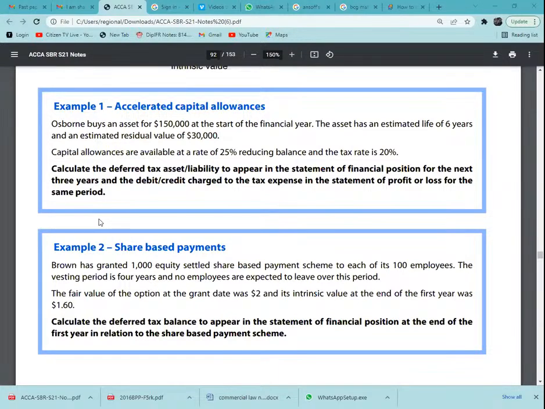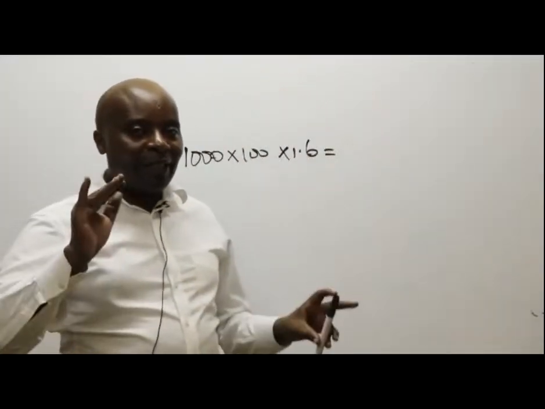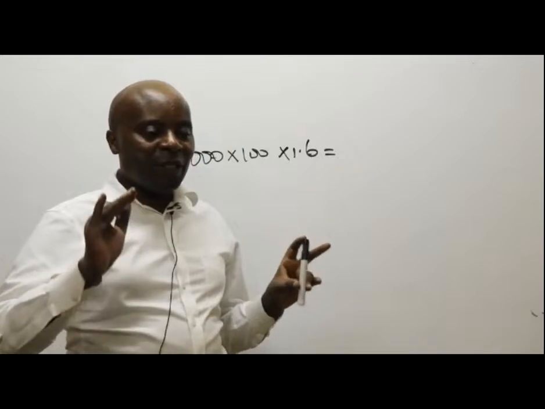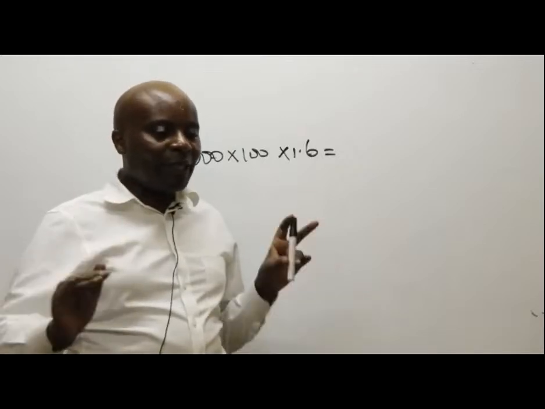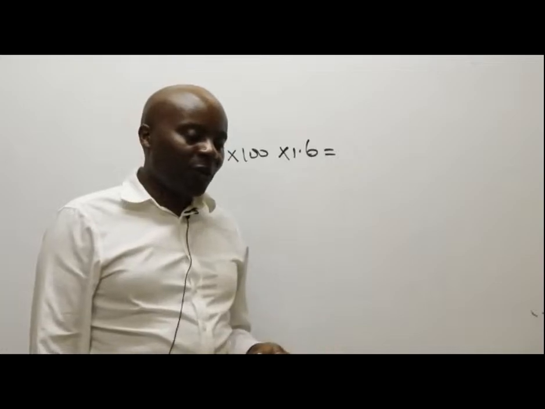In this case the value is supposed to be 1.6. Remember, whenever you see fair value vis-a-vis intrinsic value, always make use of the intrinsic value. Is that not the case? According to IFRS, whenever you're given fair value and intrinsic value, intrinsic value takes precedence.